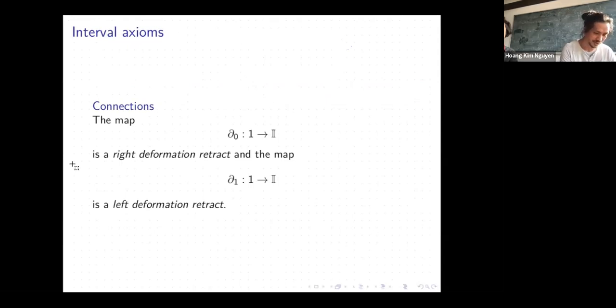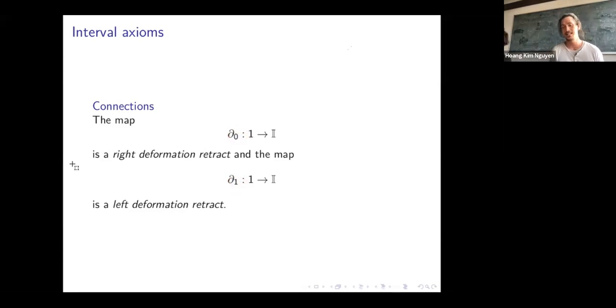And I think I just switched directions here. So a right deformation retract should be a final object, right? Let's read this simplicially. It's void zero, so it's the inclusion of the endpoint, so it's a final object, and void one is the inclusion of the starting point. So in simplicial convention, it's correct.